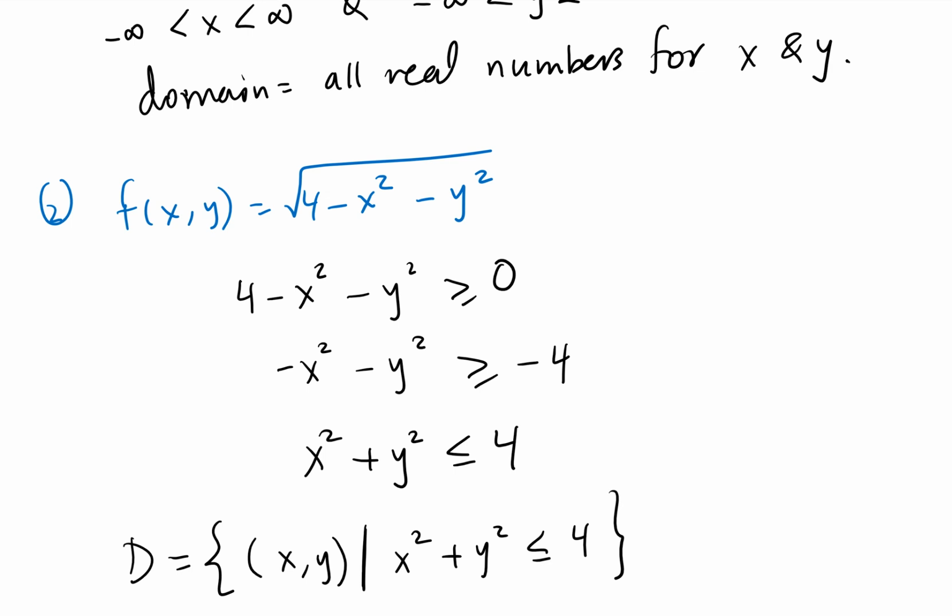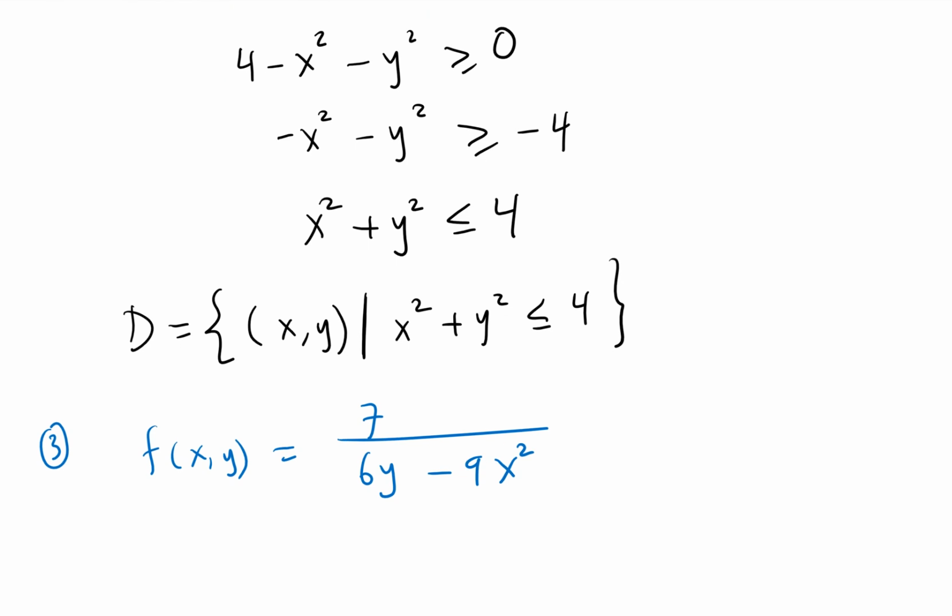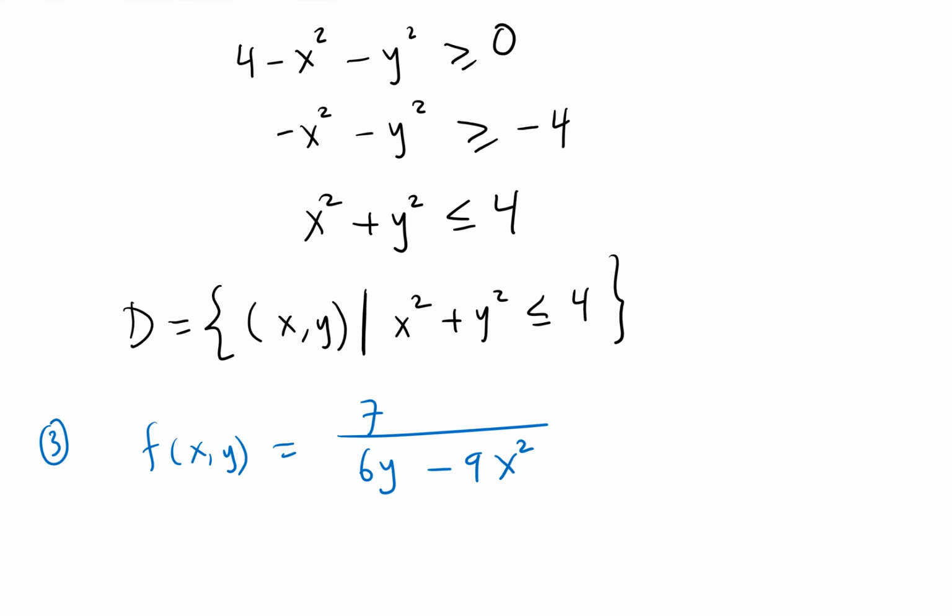Now, let's look at another example: f of x, y is 7 over 6y minus 9x squared. Can I put any values for x here?